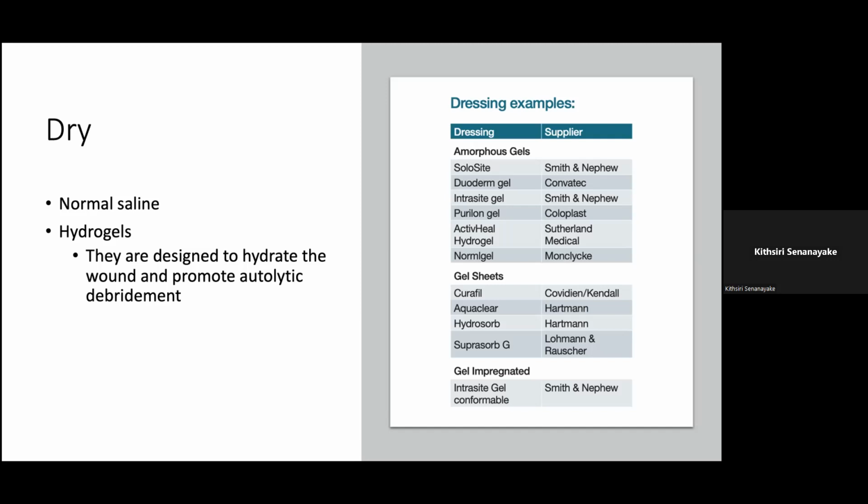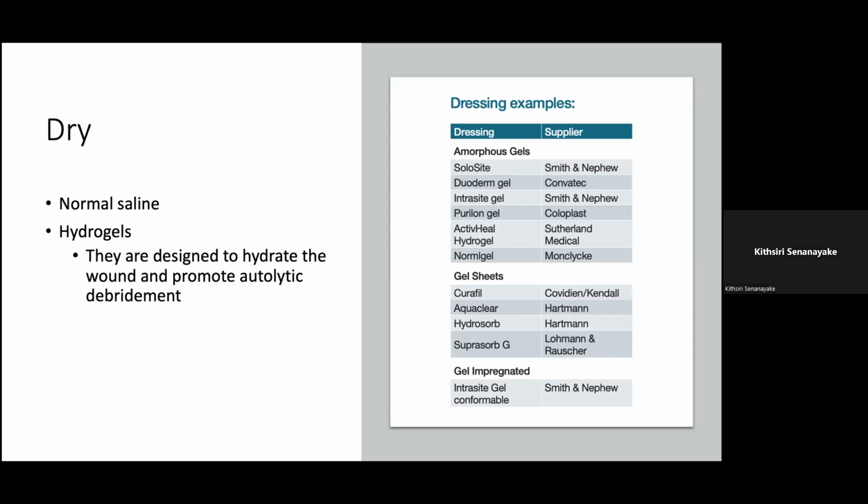So these are about the chronic wounds which have dryness on the surface, right? And also commonly you can use hydrogels. They are designed to hydrate the wound and promote autolytic debridement. When you hydrate the wound, it causes autolysis and removes the debris from the wound.